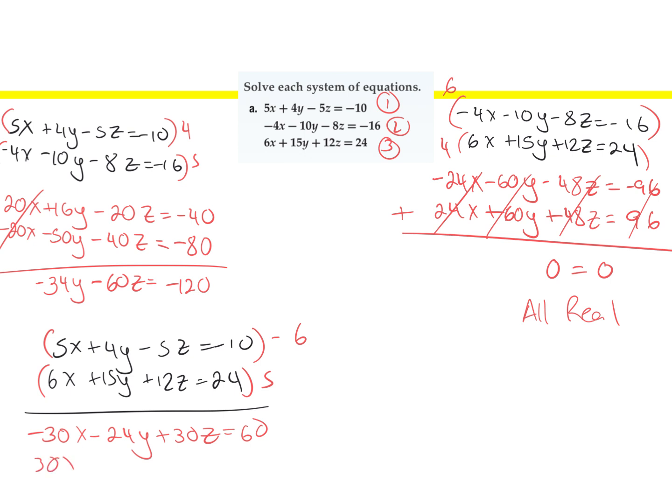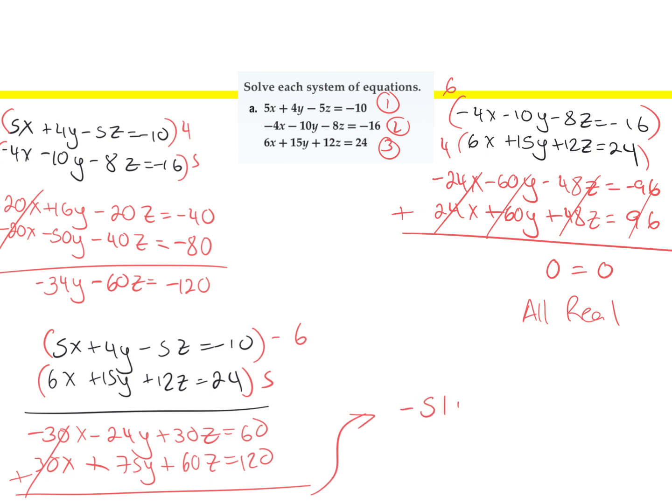This will be 30x plus 15 times 5 is 75y plus 12 times 5, it's going to be 60z equals 24 times 5, which is 120. I'm going to go ahead and add them. The x cancels out. I'm going to write it up here. It's going to be negative 24 and 75, so that's going to be 51y plus 90z equals 180.